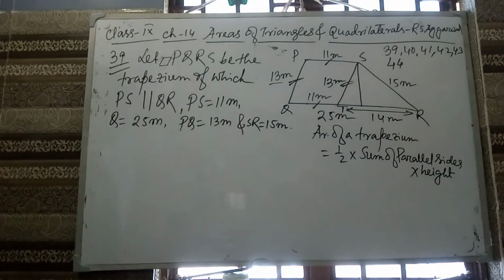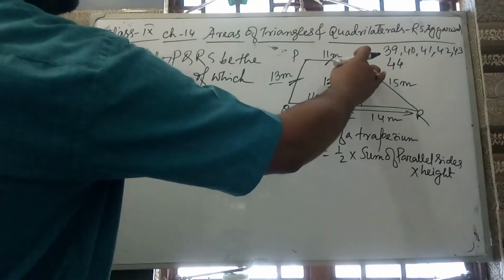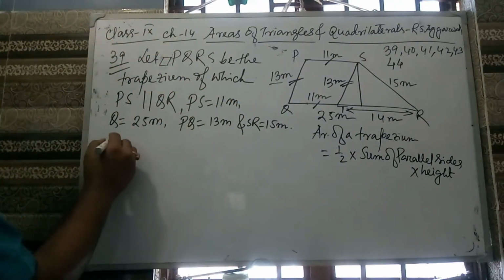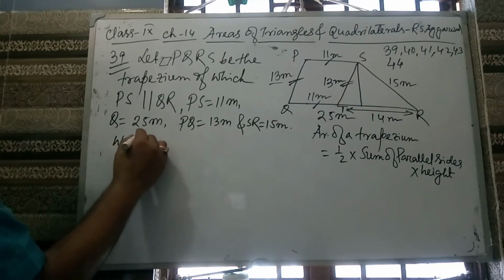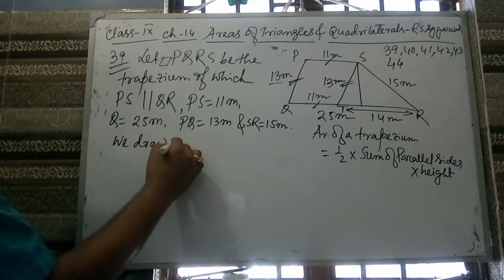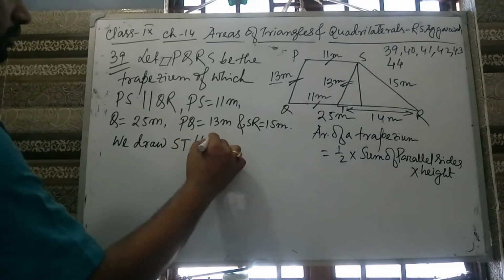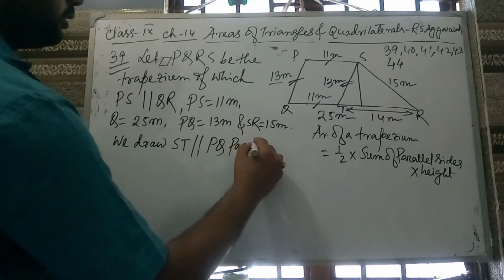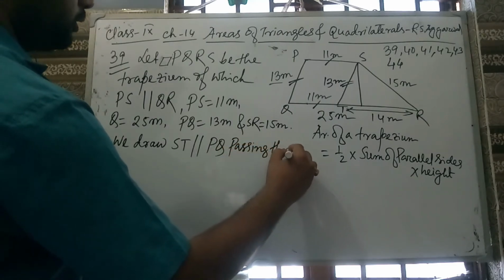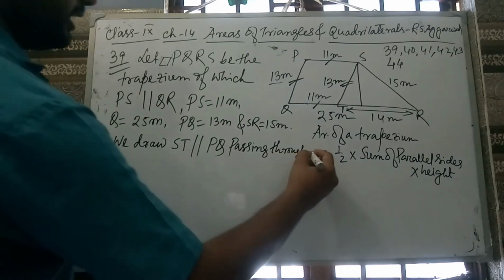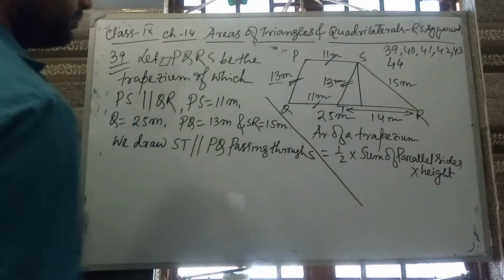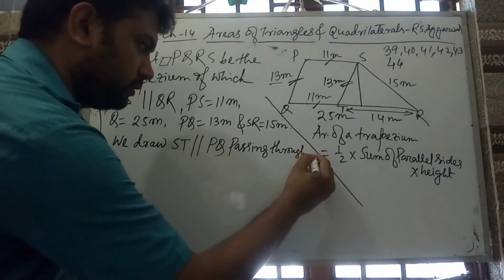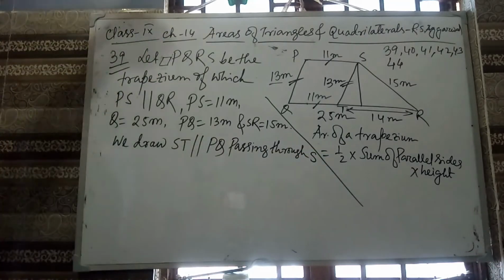Okay. In the next step, what do we do? We draw a parallel line ST parallel to PQ passing through S. We draw ST parallel to PQ passing through S. Okay.